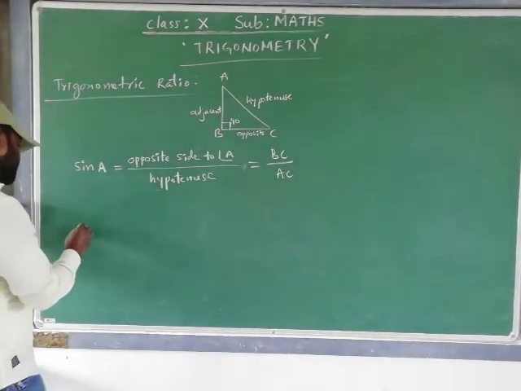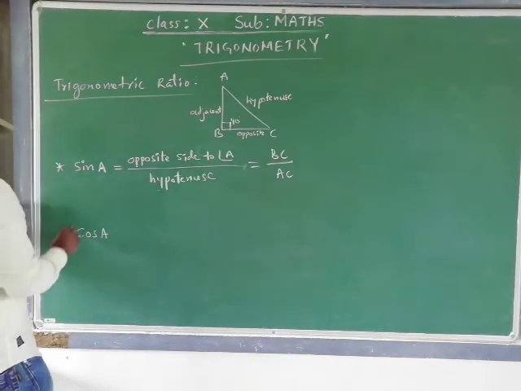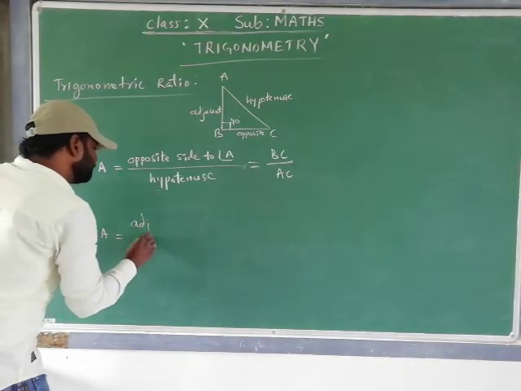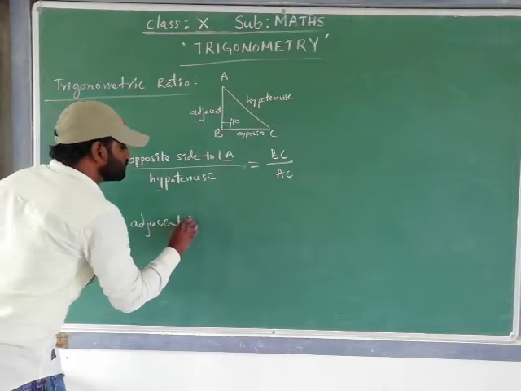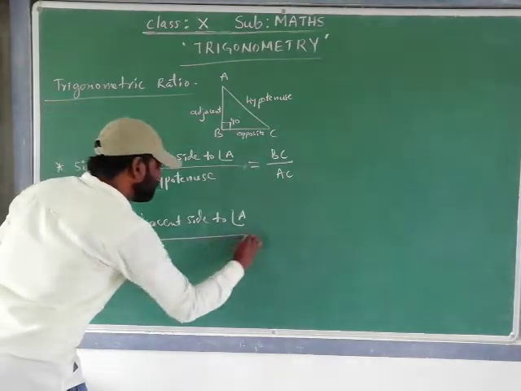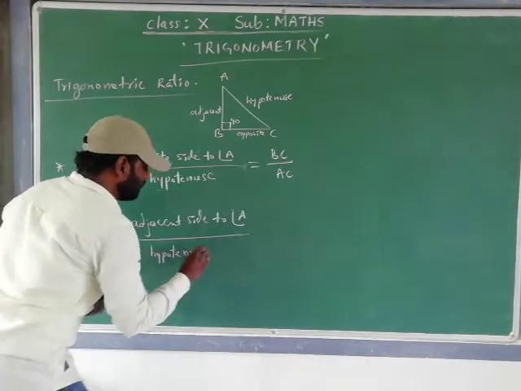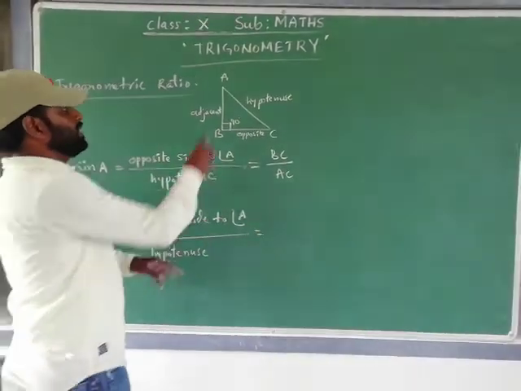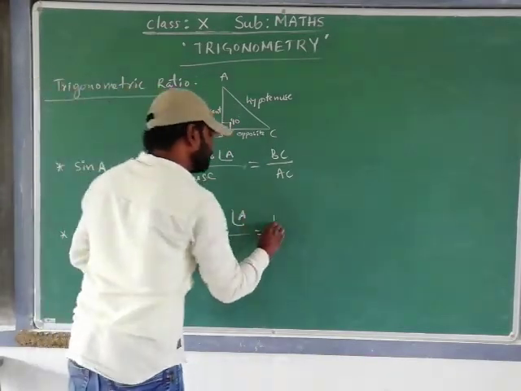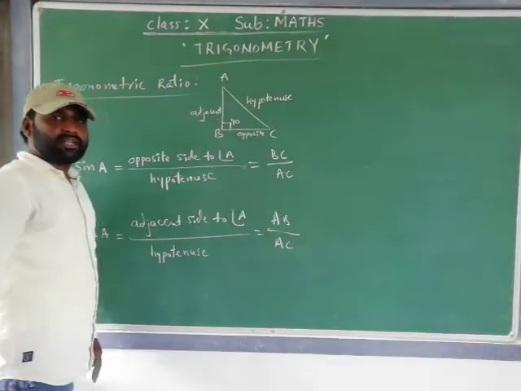Now, if you take cos A, this is another trigonometric ratio. Cos means the adjacent side to angle A by the hypotenuse. Here the adjacent side to angle A is AB, so cos A is AB by AC.